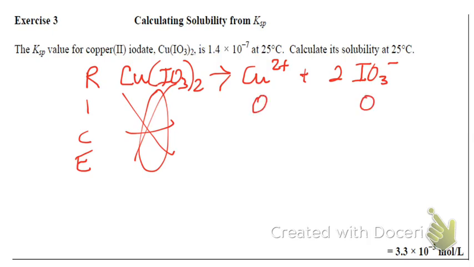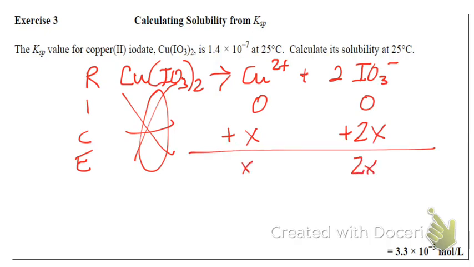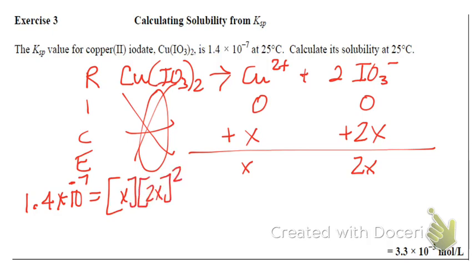Then at change we're going to have plus x, and this one's going to be plus 2x. So those are our equilibrium concentrations. Now we would have our Ksp value, times 10 to the negative 7, is equal to x times 2x squared.